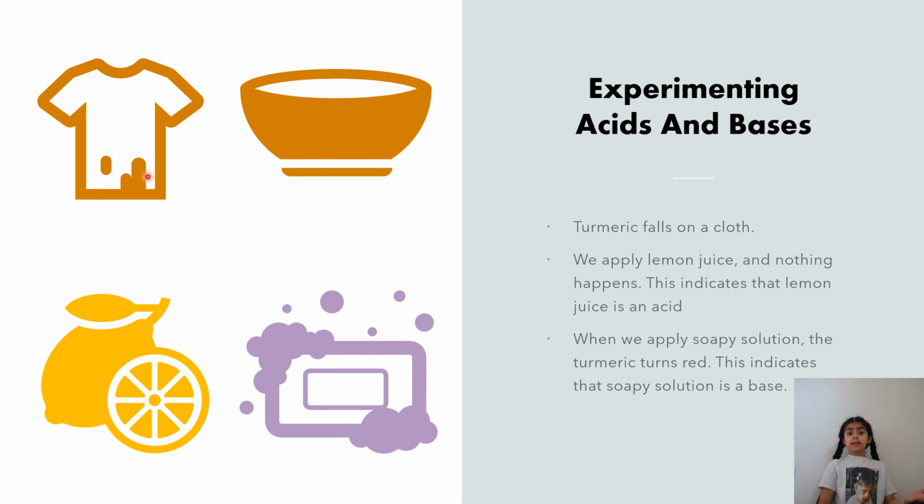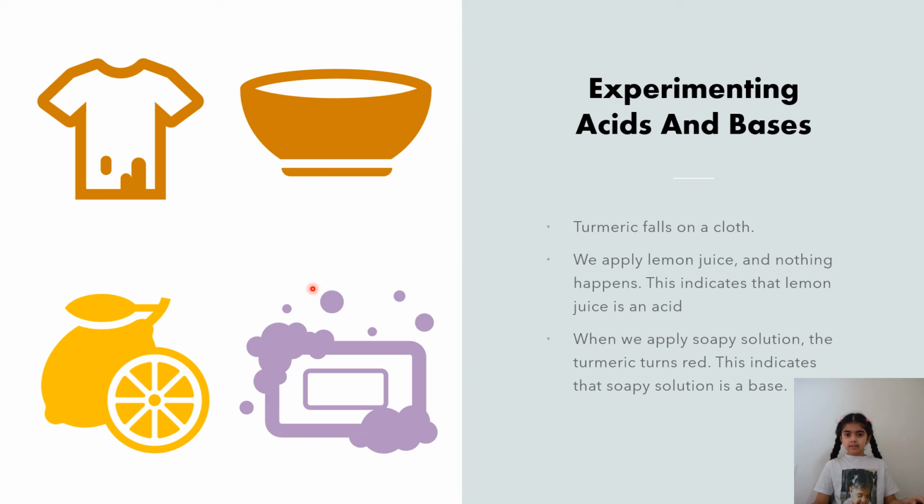Do you know why it turned red? We discussed previously that turmeric is a natural indicator. So this indicates that the soapy solution is a base. Bases can do some reactions that acids cannot do.